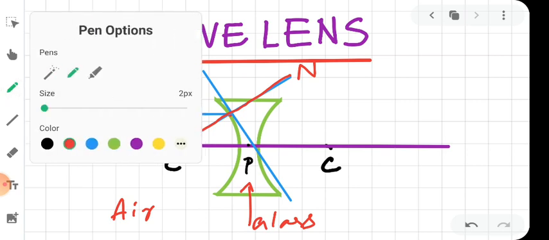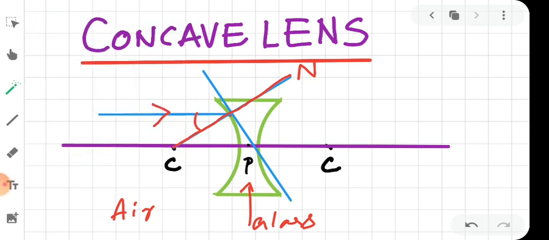The light ray is supposed to not go straight, but instead, since it was moving from rarer to denser, the deviation should be towards the normal.